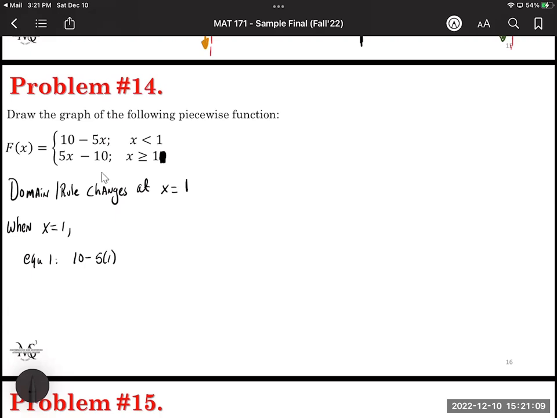Well, 5 times 1 is 5, so 10 minus 5 is equal to 5. This gives me the ordered pair (1, 5). Now for equation 2, you have 5 times 1 minus 10, which is negative 5. So as an ordered pair, it's (1, -5).